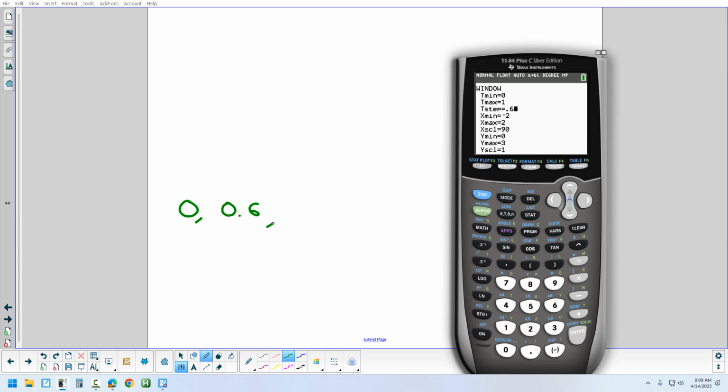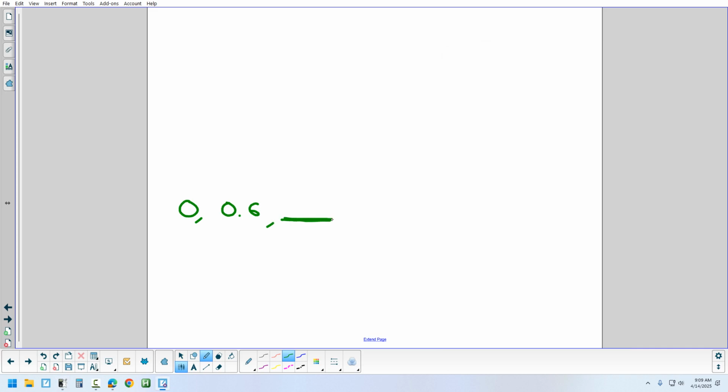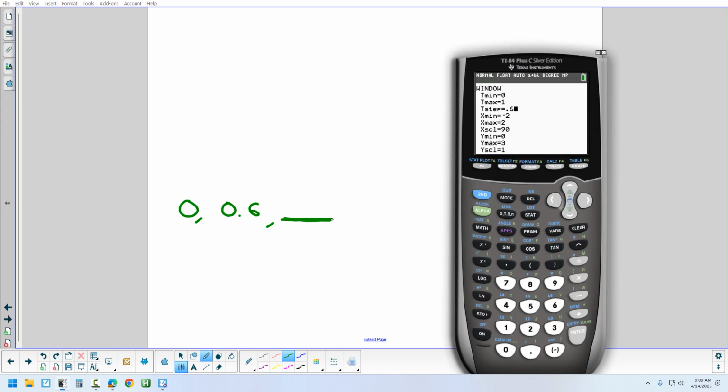But what's the t max? 1. So it can't do 1.2. So what's going to happen is we're going to lose part of our graph because we don't have the endpoint. Okay? And if you graph your line segment, you can see this time it doesn't look the same. You lost everything between 0.6 and 1. So what you want to try to do when you're graphing is avoid that gap at the end.